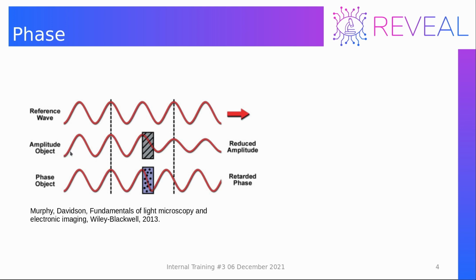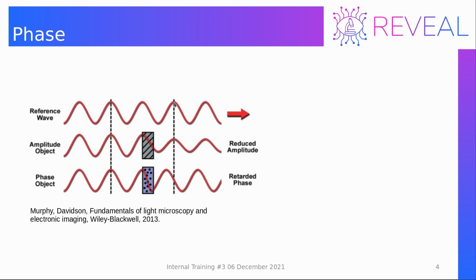Now let's analyze a similar wave which travels just like the reference wave, but at some point it propagates through an amplitude object. And the amplitude object is an object that does not change the phase of this wave. The phase is the same, as you can see.